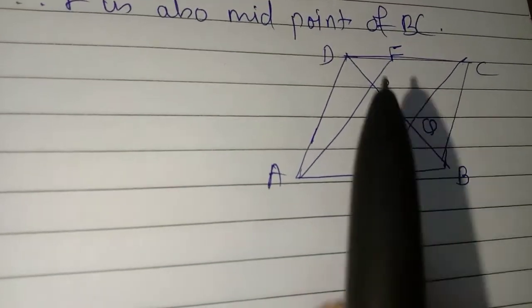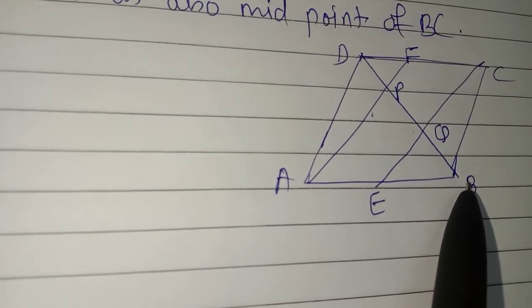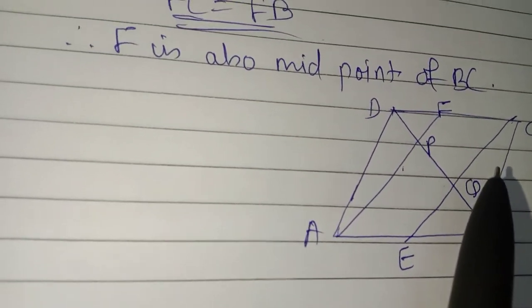So what we have to write here is that we have to prove that DP is equal to PQ is equal to QB. That is question number 5.